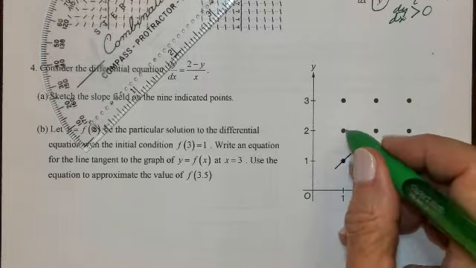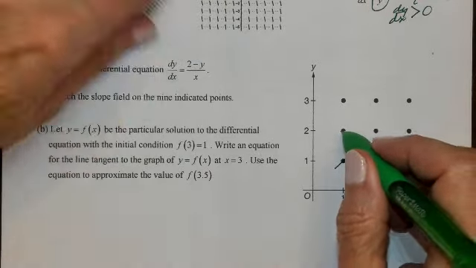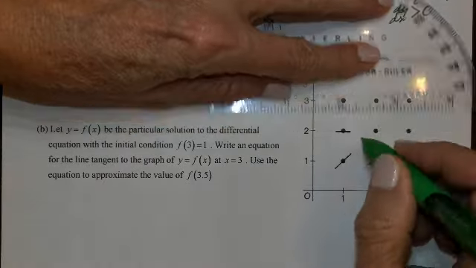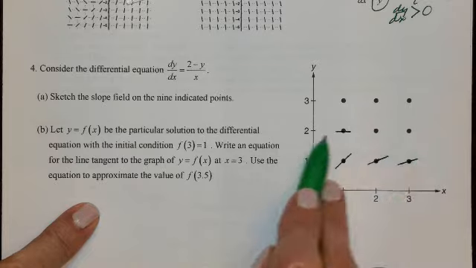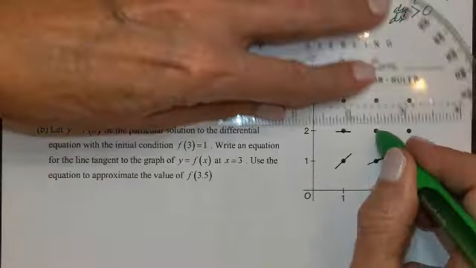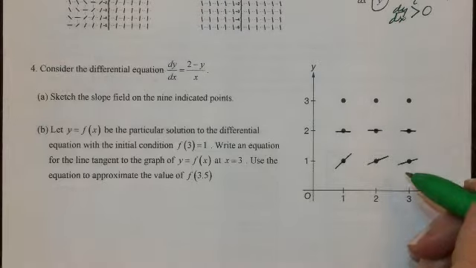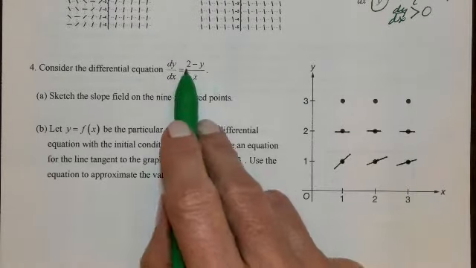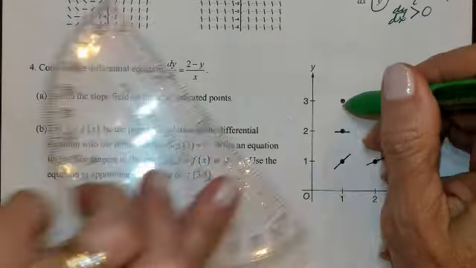Okay, (1, 2). 2 minus 2 is 0. In fact, anytime that y is 2, we're going to have a slope of 0, right? So I'm going to go grab those. Anytime y is 2, our slope is 0. Okay, (1, 3). 2 minus 3 is negative 1 over 1, so that's negative 1.